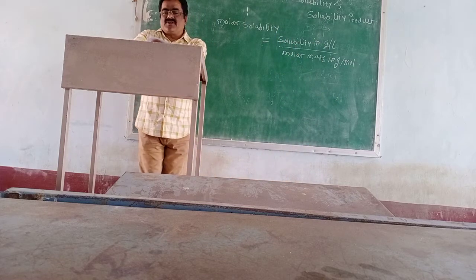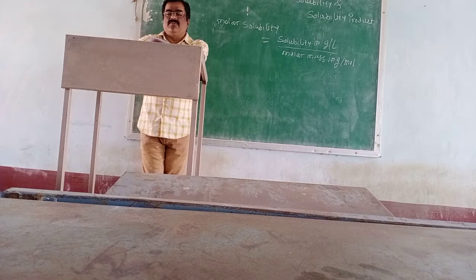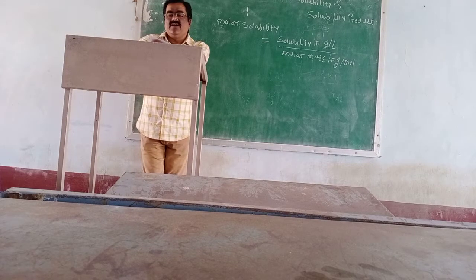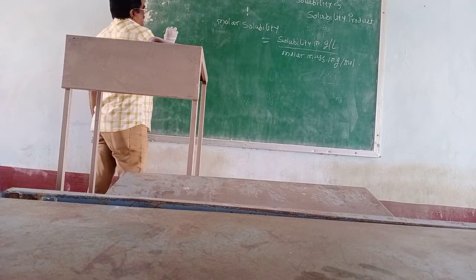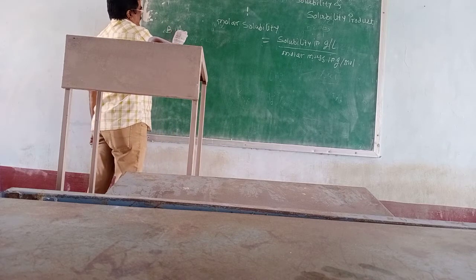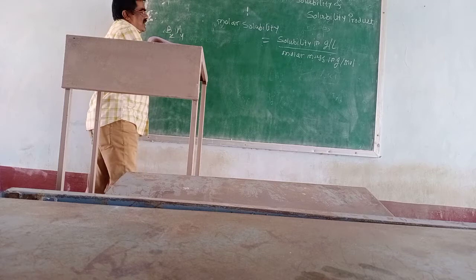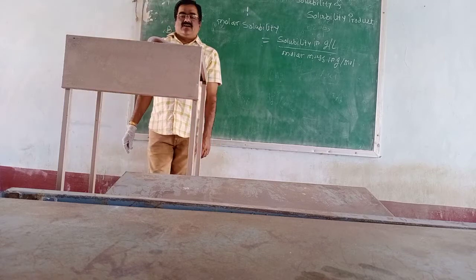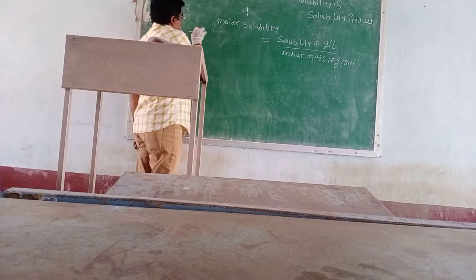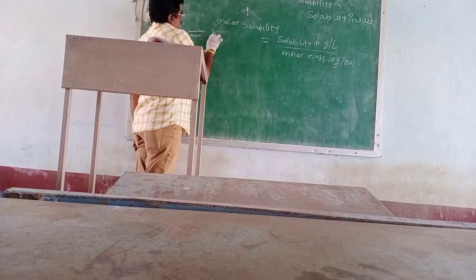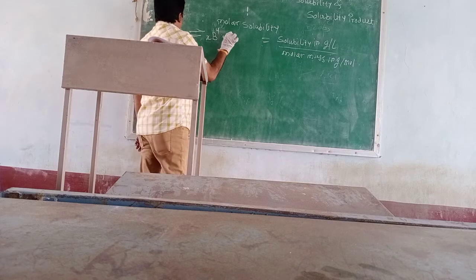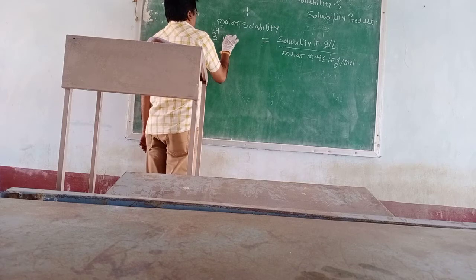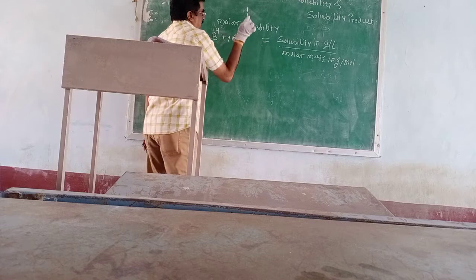For example, consider once again the solubility equilibrium, that is BaXy. आता आपण पर कन्सिडर केलं BaXy, it dissociates to give Bx to the power y plus Ay to the power x.